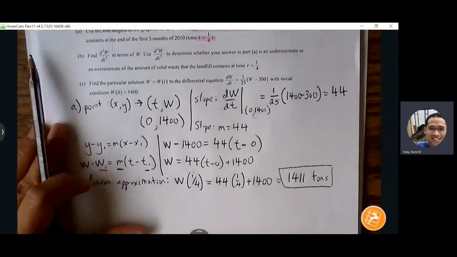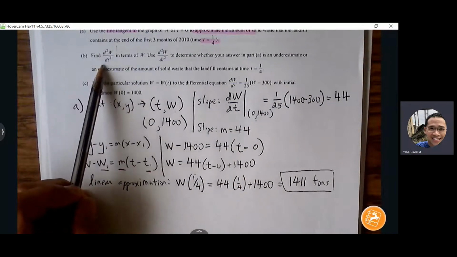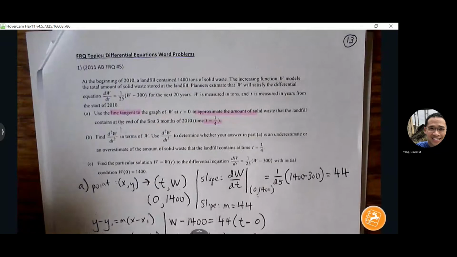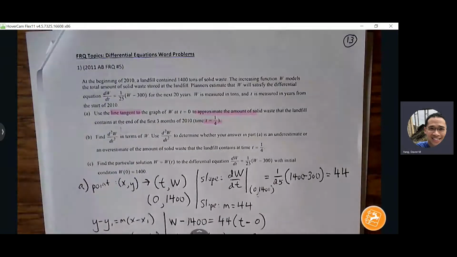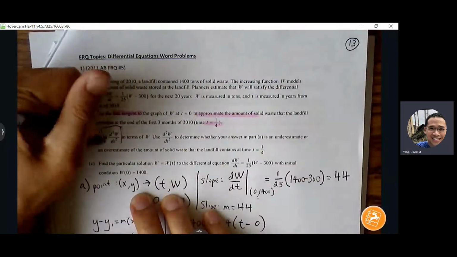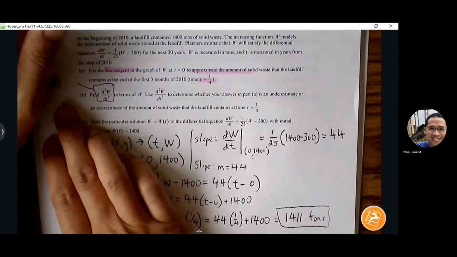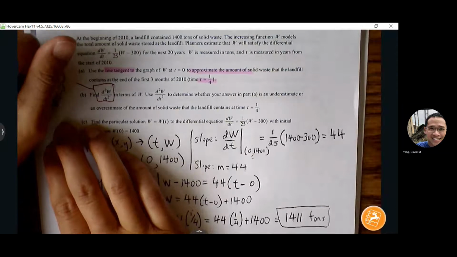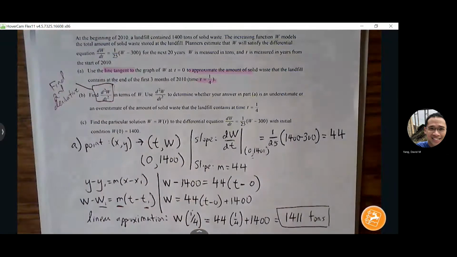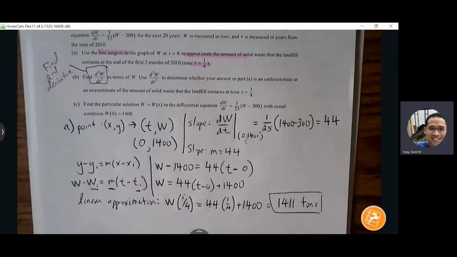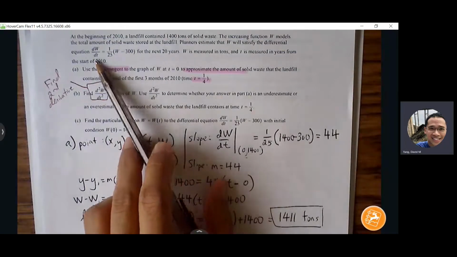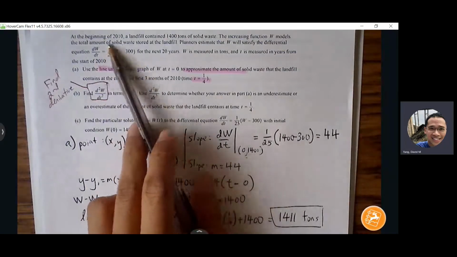Okay, part B. Find d2w over dt2. So what does that notation mean? Yeah, find the second derivative. Okay, so for the second derivative, we're going to start with dw/dt and find the second derivative there.